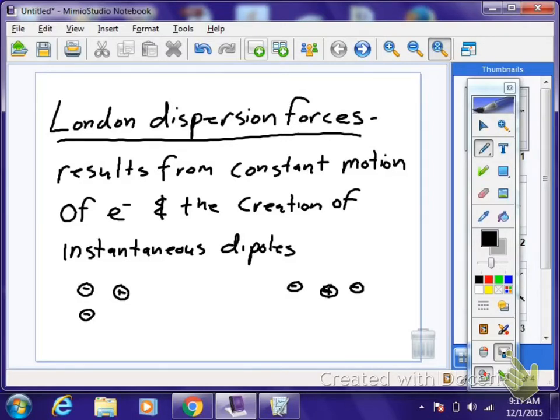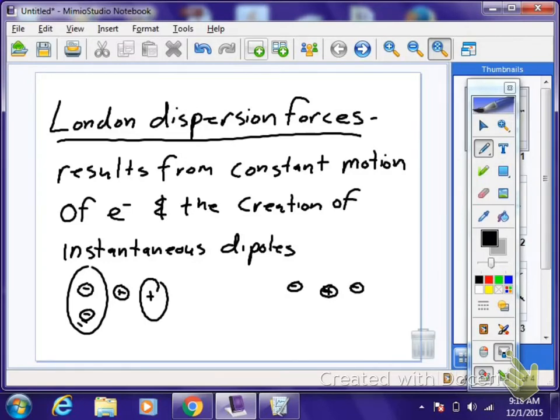So what that does is it induces this one. If the electrons are on this side, this left side here is negative. The one on the right, it will cause those electrons to line up on the same side. This area here is going to be positive, and this area right here is negative of this atom.